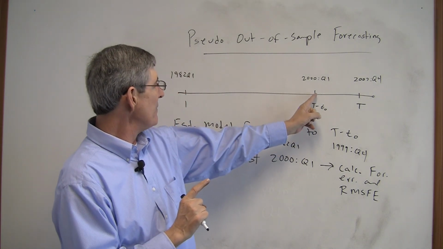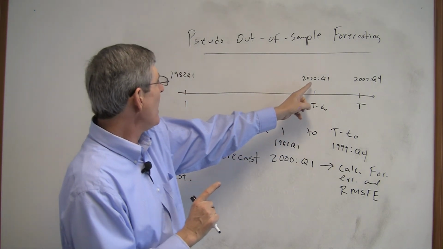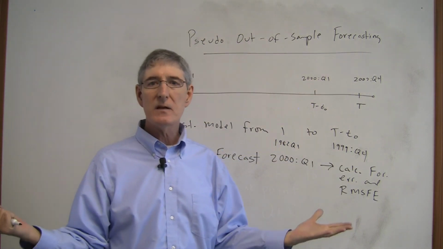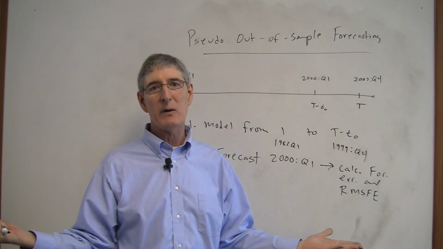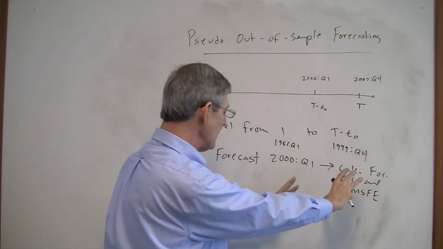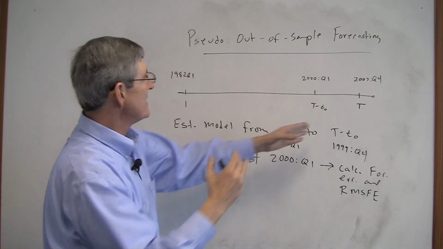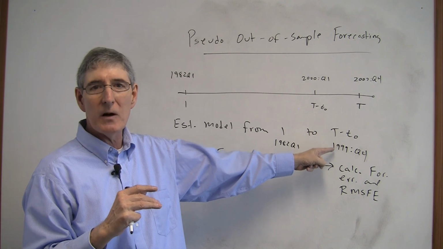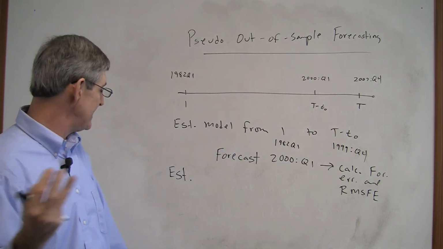So this is one example. And it's just like if I was a forecaster at 1999 Q4, it's a pseudo out of sample forecast because this is exactly what I'd have to do. And then I could wait till 2000 Q1 and then evaluate my forecast. But this way, since I already have the data, I can pretend like I'm this person back then, but I don't have to wait to see how well I did.